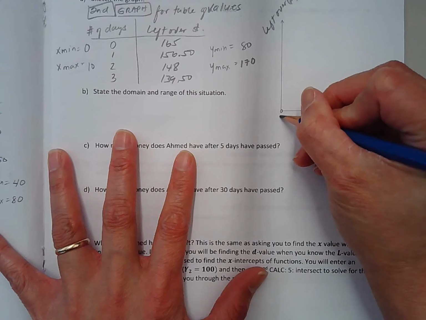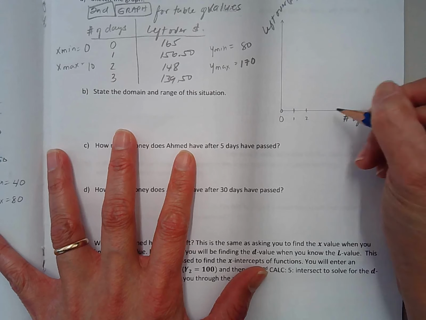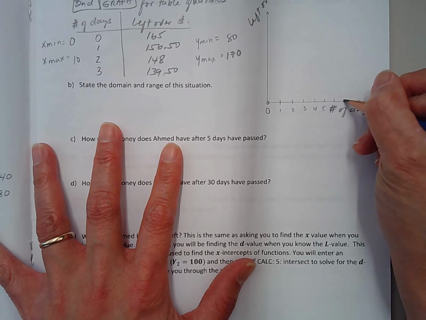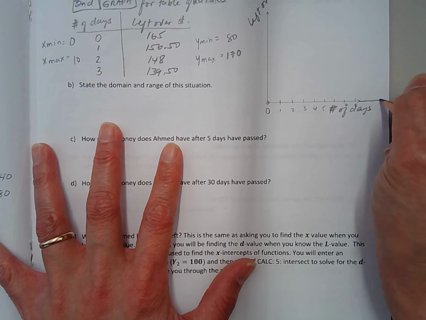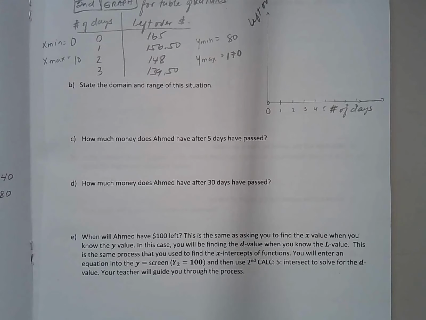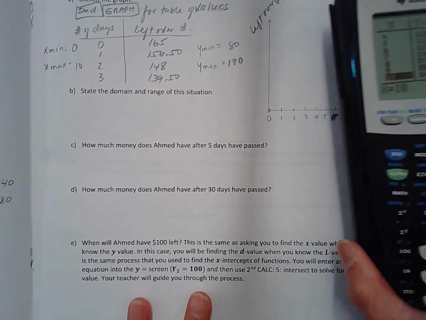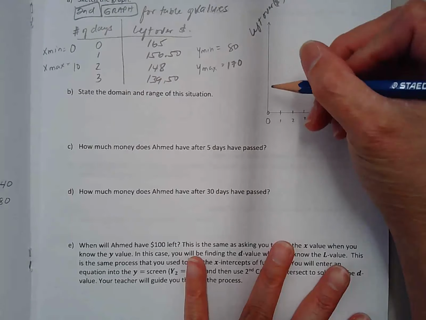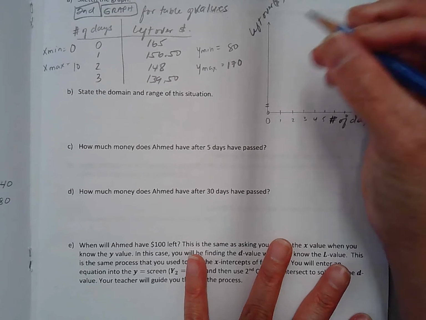Does this make it easy for us to see our graph? So we can go 0, 1, 2, 3, 4, 5, 6, 7, 8, 9, 10. So 0 is 165.